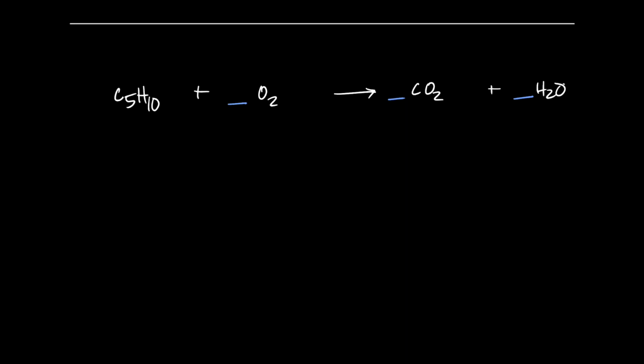Pause this lesson and balance it, and then play it again. So you would get 5 carbons and 5 water molecules. That is 10 plus 5, 15 oxygens. So you'll need 15 over 2 or 7.5. Okay? Yeah. Capiche?